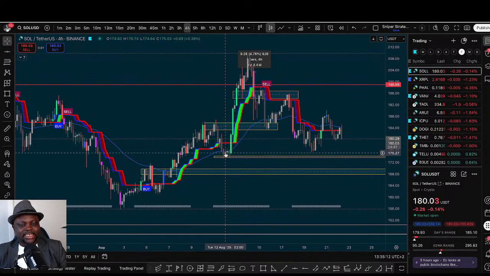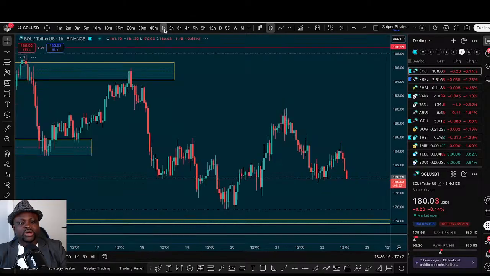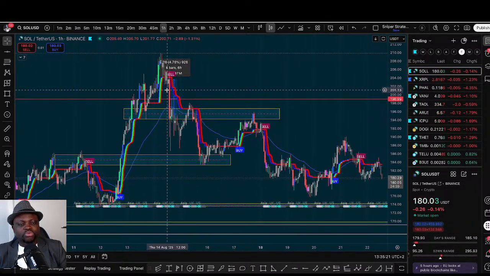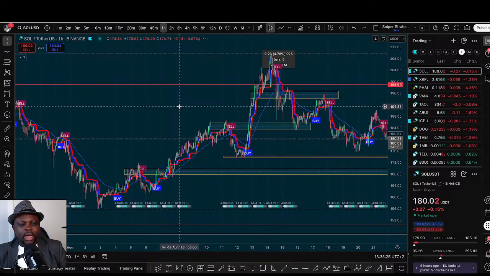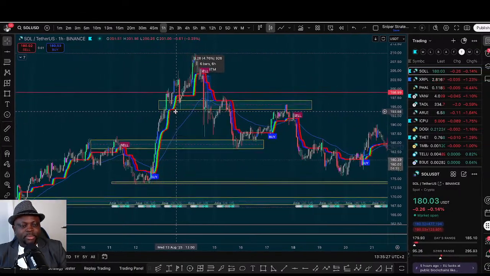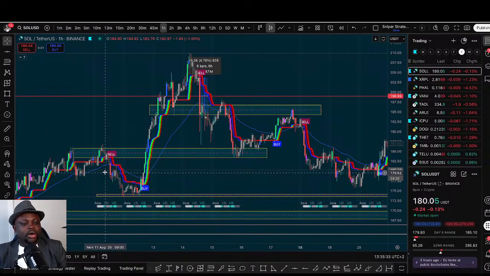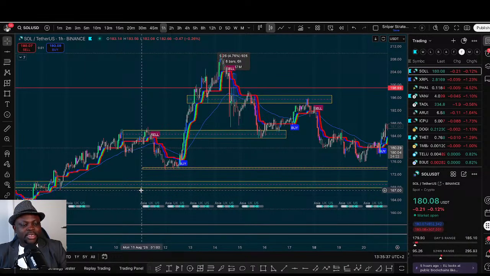In this case, price was here, and I would have dropped down to the 1 hour time frame to see whether price is going to break the 50 day moving average with high volume. You can see here price did break it with high volume. I would have sold here, but I would have missed out on the next move to the upside.